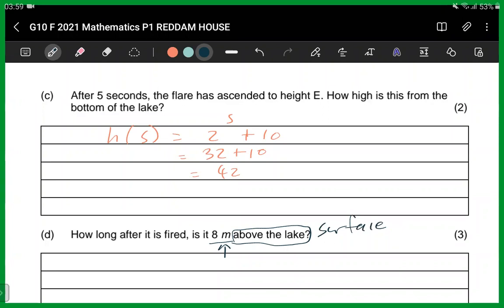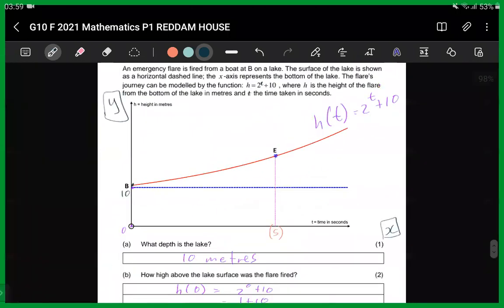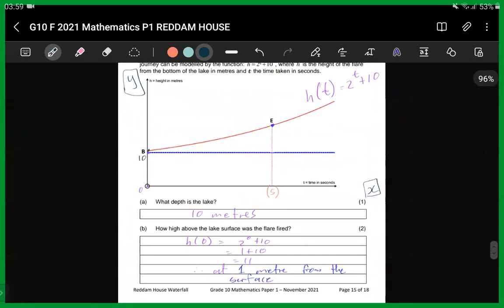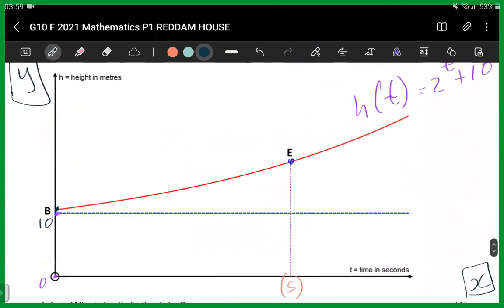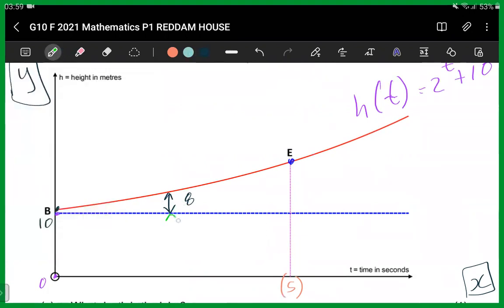They're saying here, how long after it is fired is it 8 meters above the lake? So you have to consider that if it is 8 meters above the lake, this would be 18, you see, because our equation only takes into account a distance from the bottom of the lake.